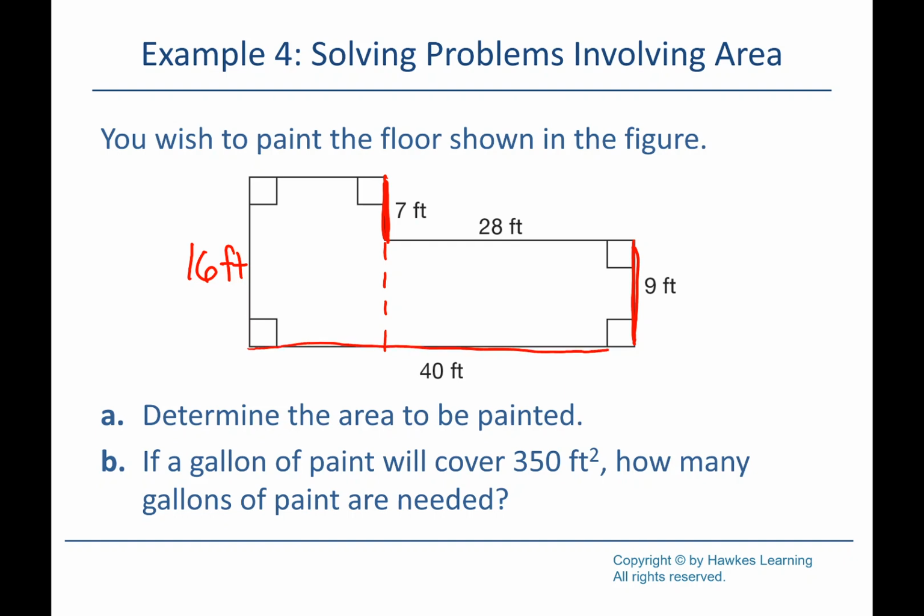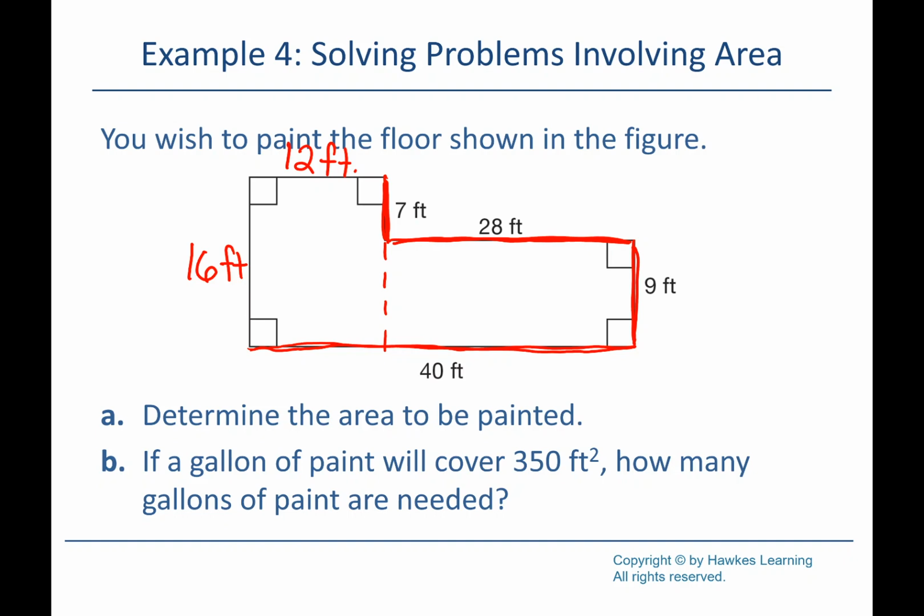So this is 40. This much of it's 28. So to get that other side, I can do 40 minus 28. Is that 12? Yeah. So this side's going to be 12 feet.